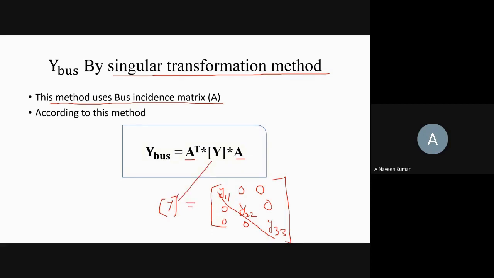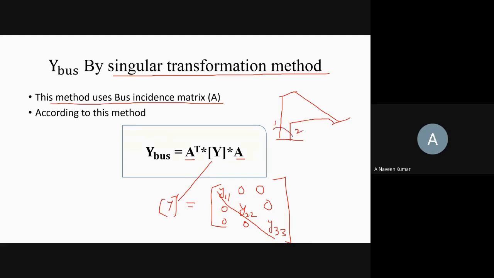But if there are any mutual impedances, for example, bus number 1, bus number 2, and bus number 3, with one connection from bus 1 to 2 and one more connection like this, where this is element number 1 and this is element number 2.